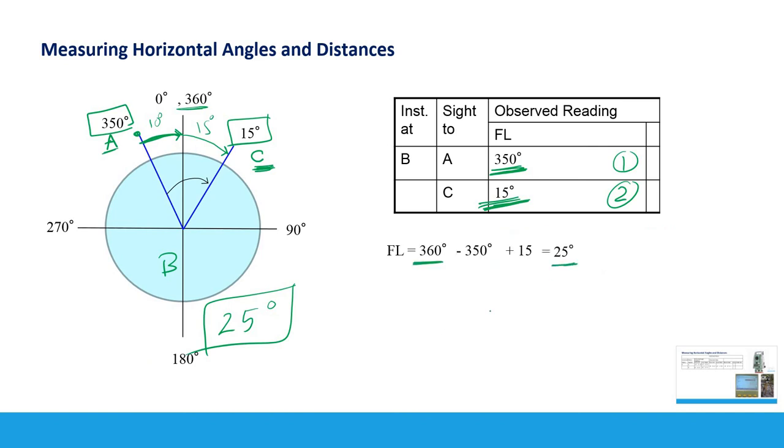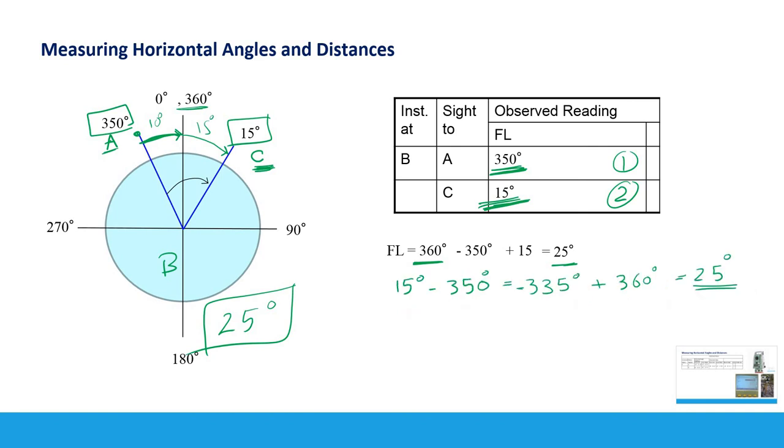Okay, so in this case, 15 minus 350, and then the answer would be in this case minus 335 degrees, and then if you add a whole circle 360, you will get the right answer, which is 25 degrees in this case.